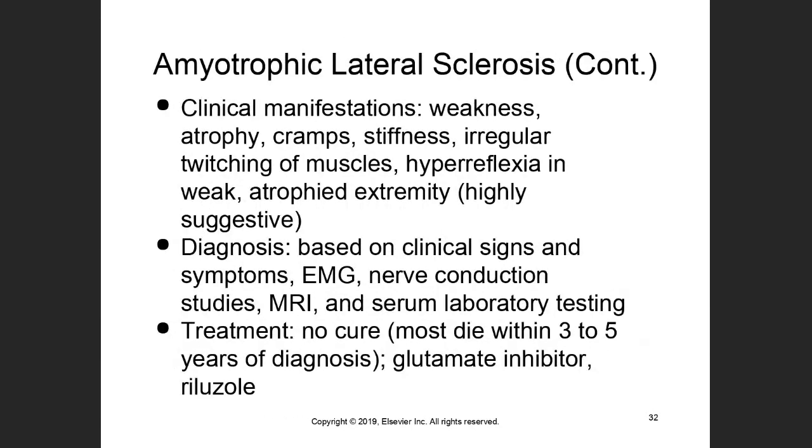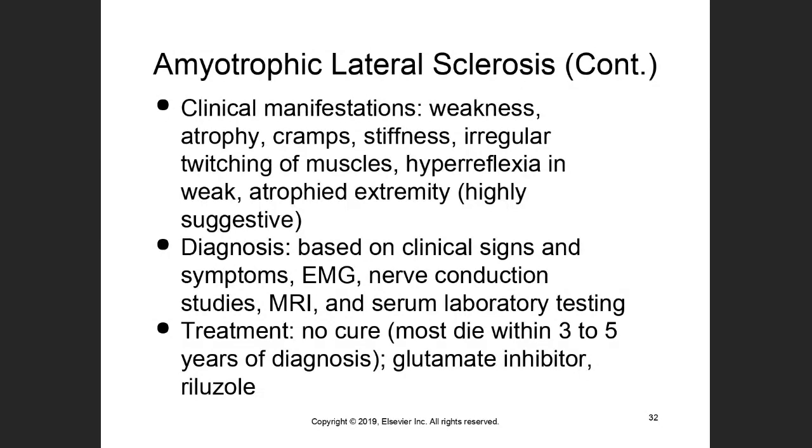Clinical manifestation: weakness, atrophy, cramps, stiffness, irregular twitching of muscle, hyperreflexia in the weak atrophied extremity. Diagnosis is based on clinical signs and symptoms.